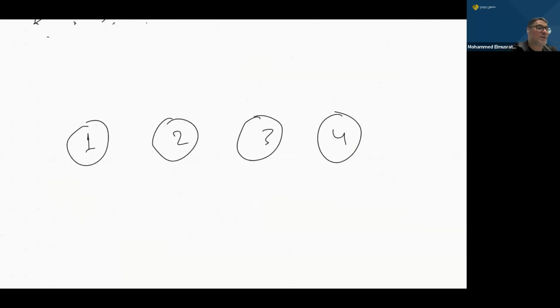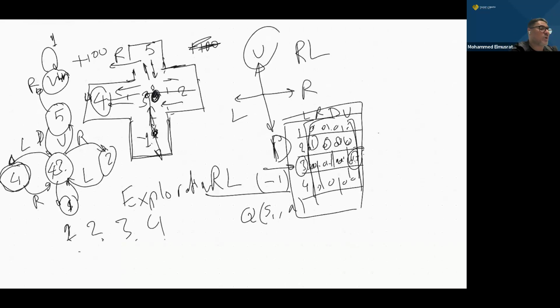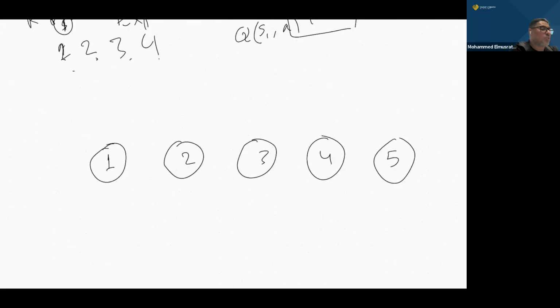Maybe we also had 5 rooms in the previous example. I said that if you are in room 1, there is no direct connection to room 2, as you can see, but from room 1 you can go only to room 3, as I said. So from room 1, you can go directly, by going up, to room 3.